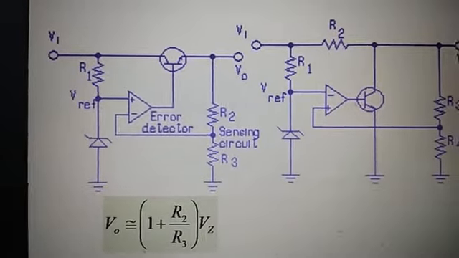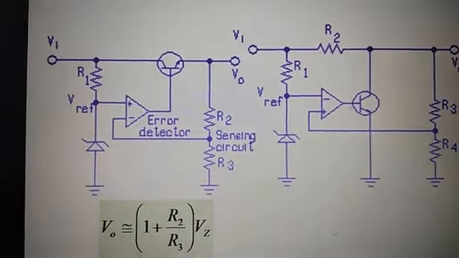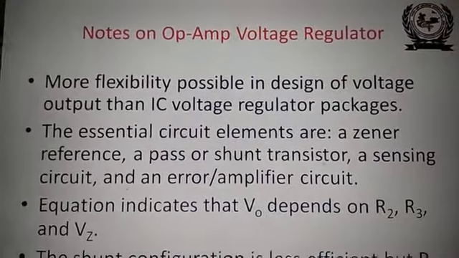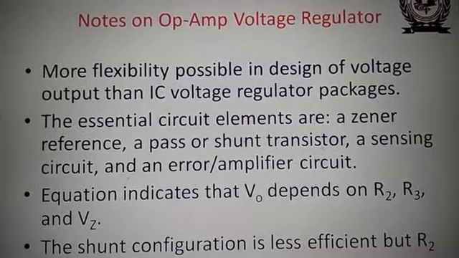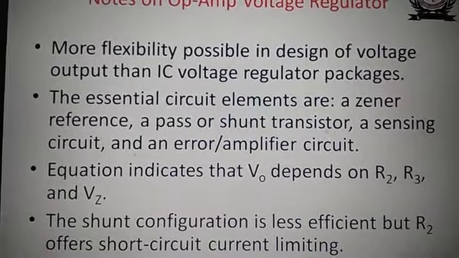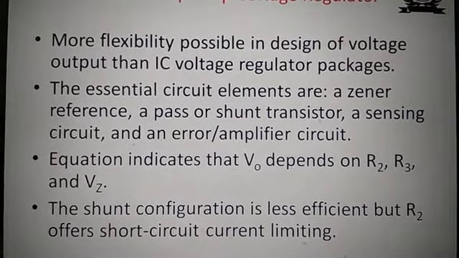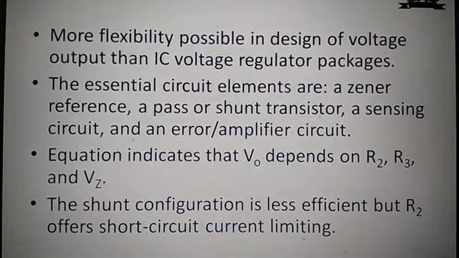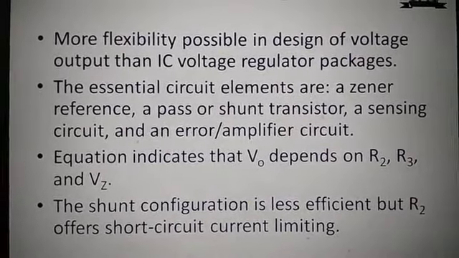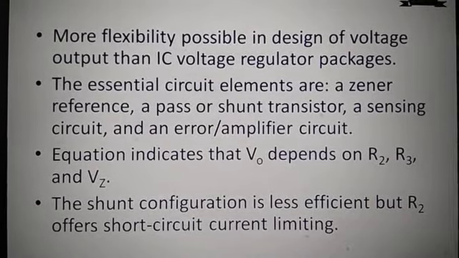The output is given by 1 plus R2 by R3 into Vz, the reference voltage. More flexibility is possible in design of voltage output than IC voltage regulator packages. The essential circuit elements are a Zener reference, a pass or shunt transistor, a sensing circuit, and an error amplifier circuit.